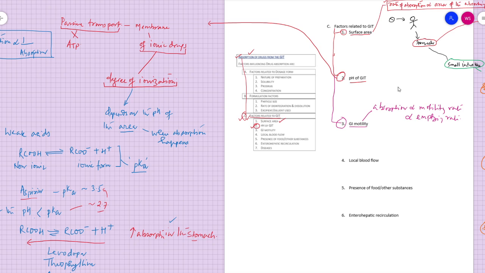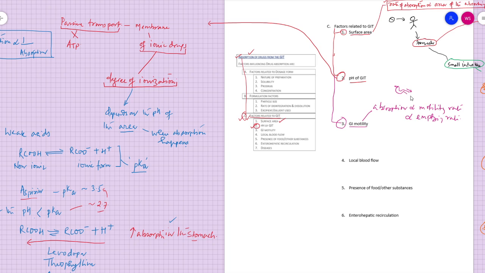So the idea is we have got the stomach, and from the stomach the drug enters into the intestine. If suppose the motility of the stomach is greater, there is going to be faster emptying.